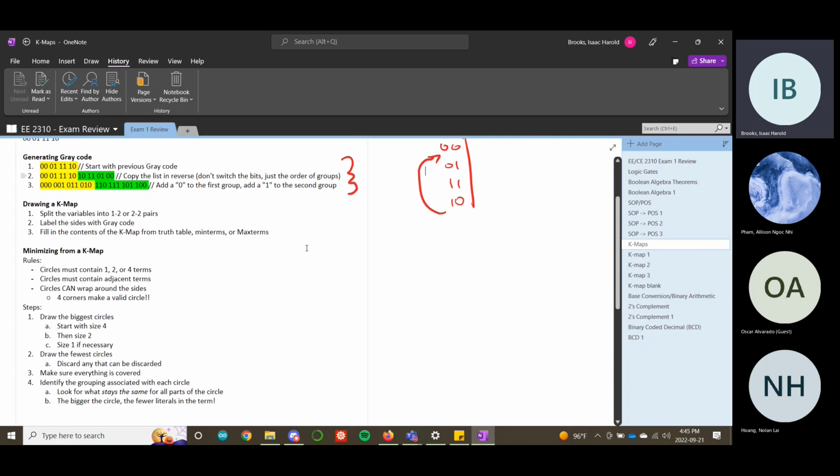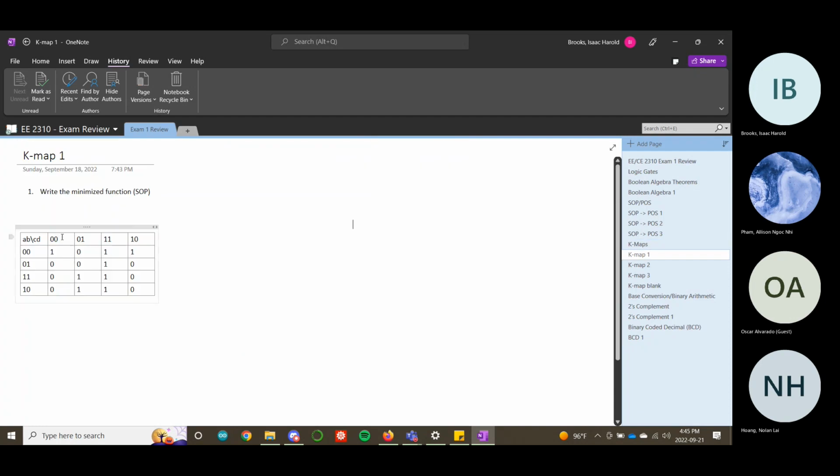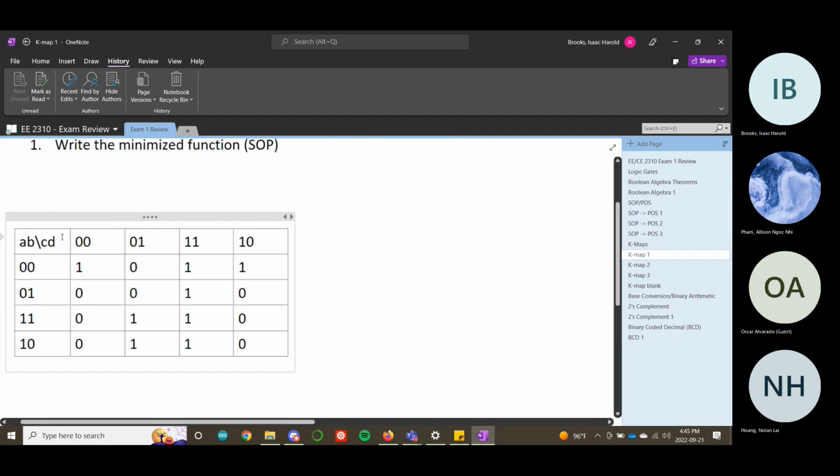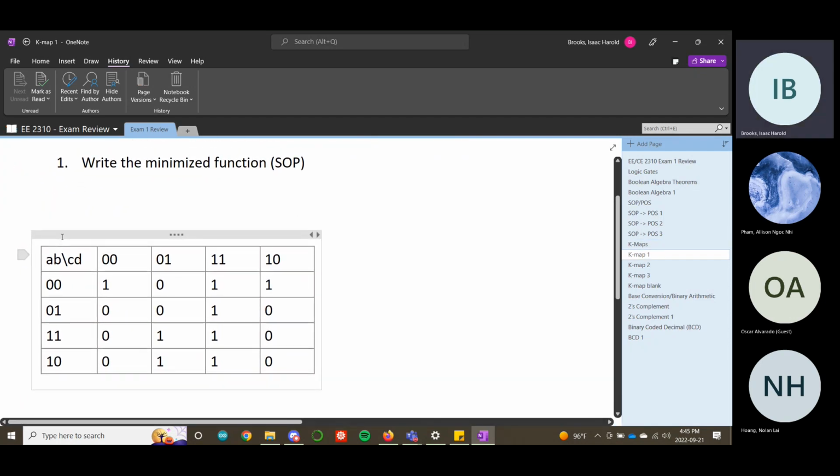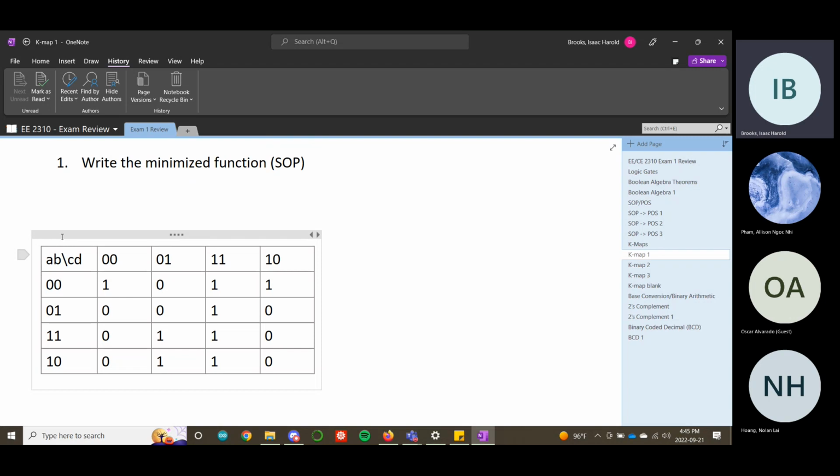So let's just start with an example. So here's a K-map. You might be given an equation and asked to go to the K-map, or you might be given a K-map and asked to go to the equation, or a truth table, go to K-map, truth table, equation, K-map. You can do any of those things. As long as you're comfortable going between them, that'll help you out a lot.